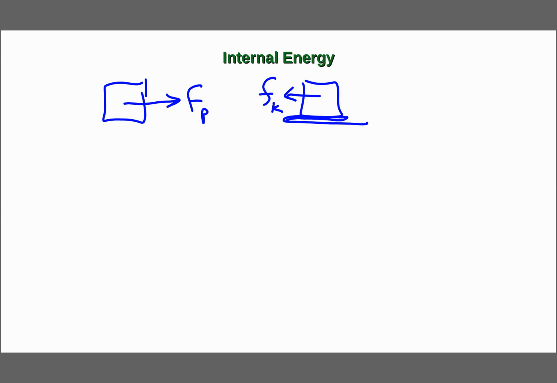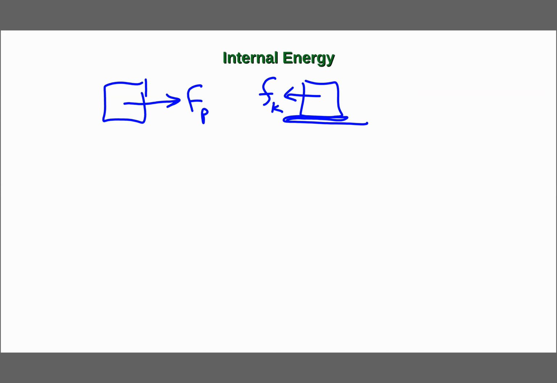The force of a push comes from a chemical reaction in your muscles. This converts what we call chemical energy, or energy stored in the molecular bonds of a material, into the mechanical energy of your body moving.